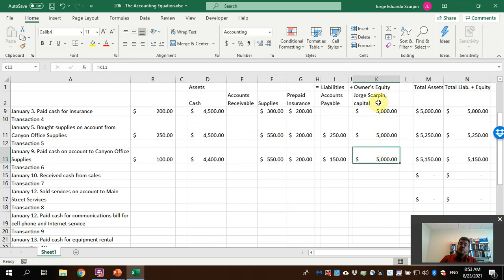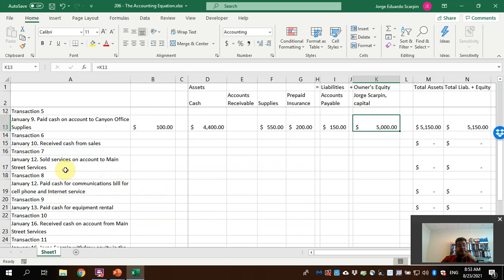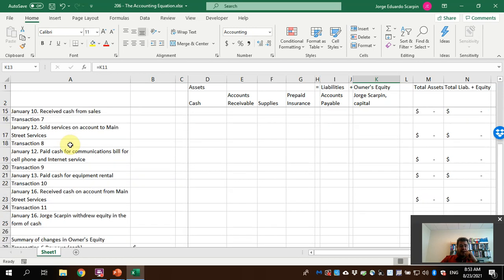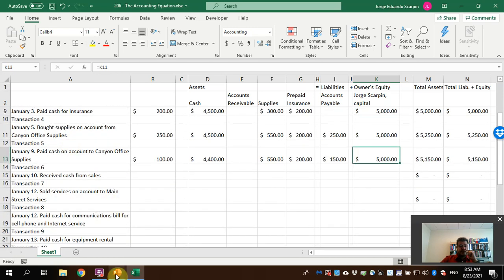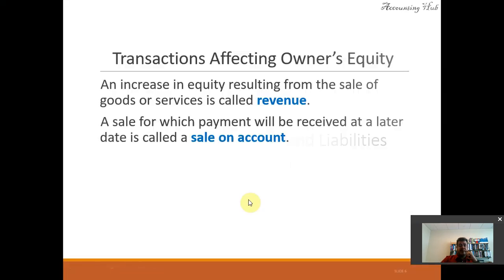And when do we change the owner's equity? When we have revenue or expenses. What is revenue or expenses? The 6 additional transactions here. Let's come back. Transactions affecting owner's equity. An increase in equity makes us richer.